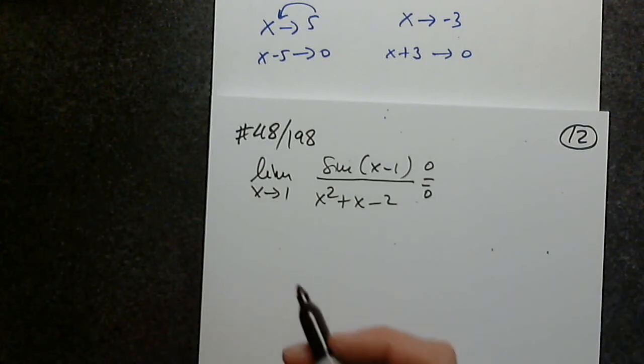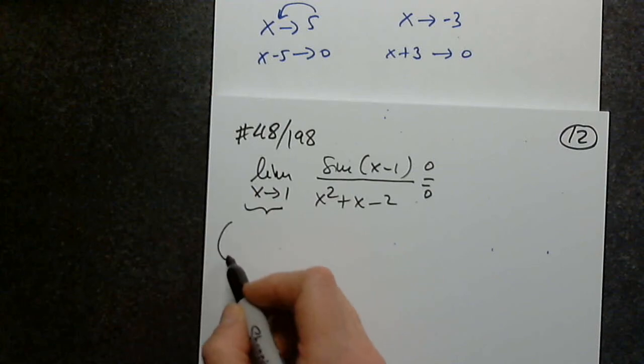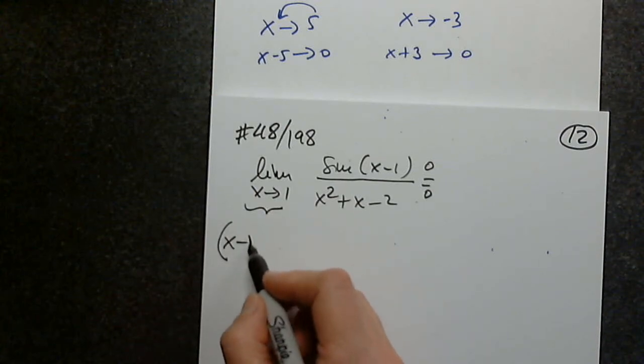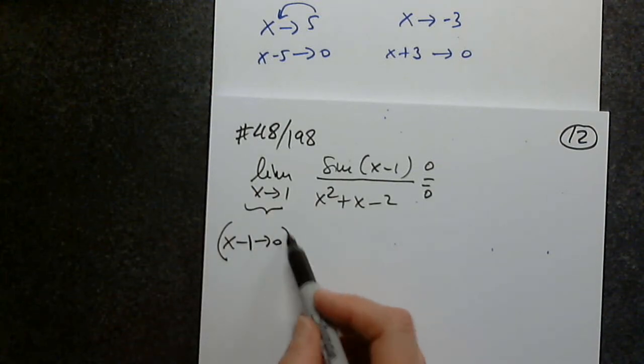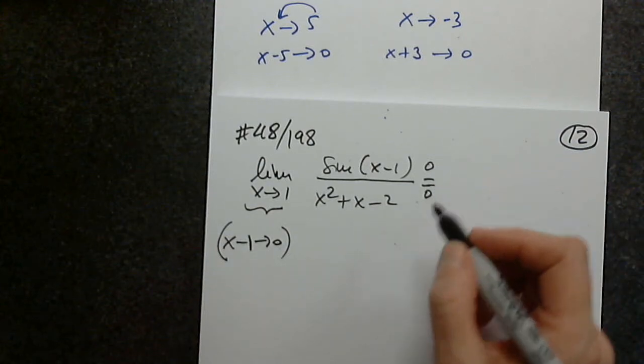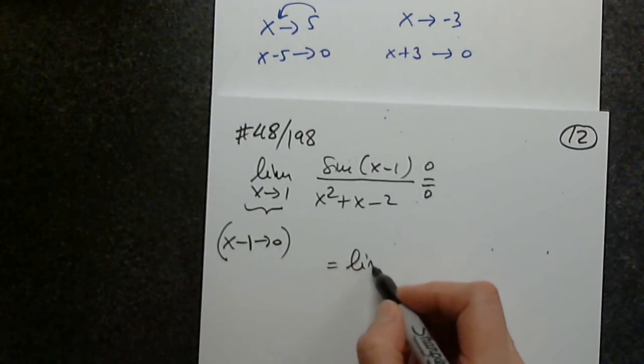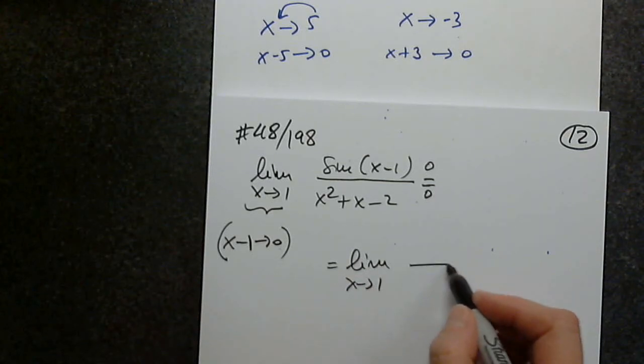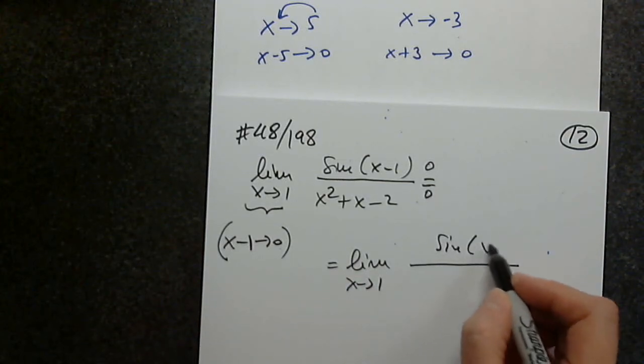Very good. So this is basically, you can put it in parentheses, x minus 1 approaches 0. Same thing. Either x approaches 1 or x minus 1 approaches 0 is the same thing. What do you think I'm going to do next? Yes, of course. You know me too well already.